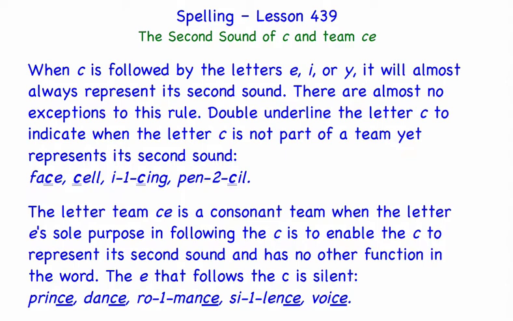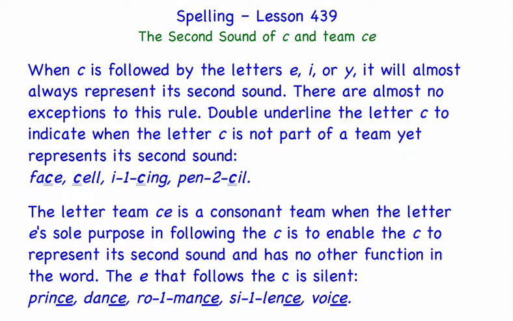In the word prince, we have CE at the end of the word. Now the only reason the E is in the word prince is so that it causes C to represent the S sound. So in that instance, CE is underlined to indicate it's a team, and it's a consonant team. It is not a vowel team, it is a consonant team.